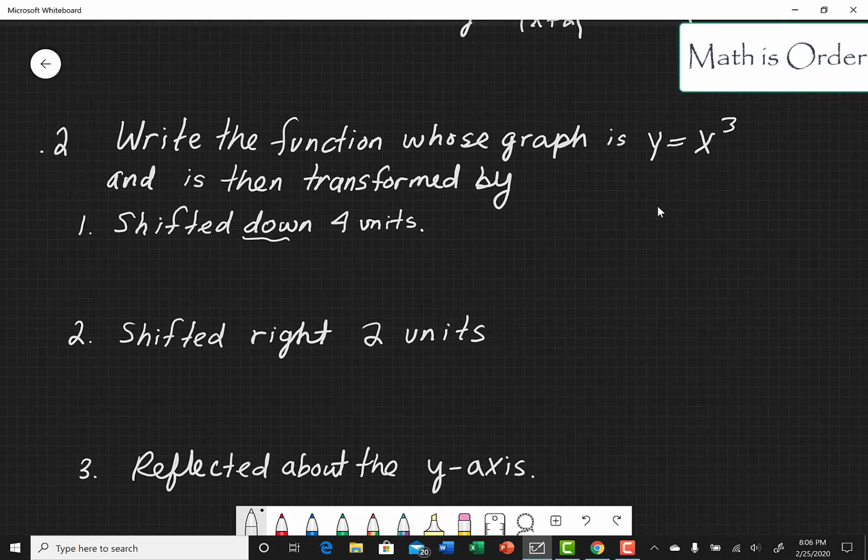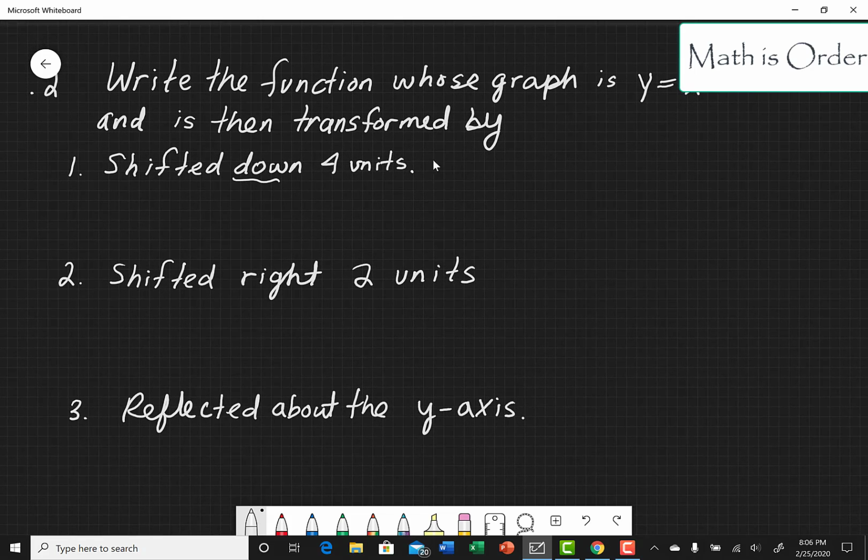Suppose here we're given a function and they're asking us to write the transform function if it was transformed this way. What would the new function look like? So here's the original function, y equal x cubed. And we want to know if this function is shifted down 4 units, for example, what is its new function going to turn into?